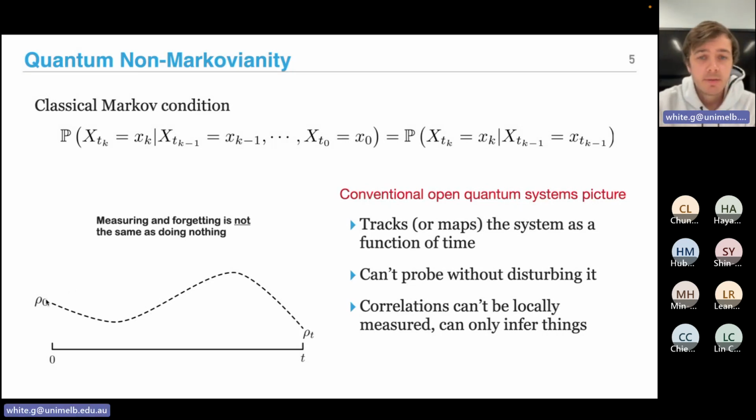And so this picture of tracking the state of the system as a function of time is insufficient for describing non-Markovian processes in general, because correlations at different points can't be measured without disturbing it. You can only infer things like, if you see that your system decoheres and then recoheres, you can witness non-Markovianity, but these are sufficient and not necessary conditions for it.